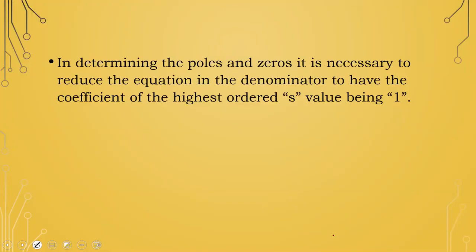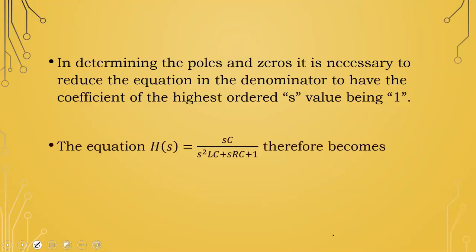So if we go back to the equation that we just developed, we know that the transfer function was given by SC over S squared LC plus SRC plus 1. And in order to determine the poles and zeros, I would be dividing, because I want to make the coefficient of S squared 1, I would have to divide throughout by LC.